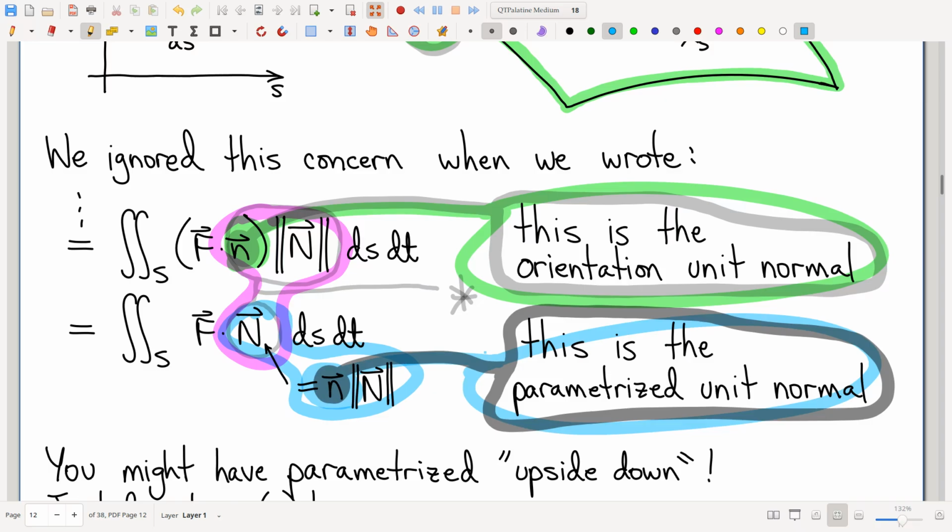So I equated this expression to that expression, claiming that what I concluded in purple here were the same thing, and they're not necessarily the same thing. I was conflating the orientation unit normal with the parameterized unit normal, and that's no fair. So that's the sloppiness. Everybody see the mistake? It's very subtle.